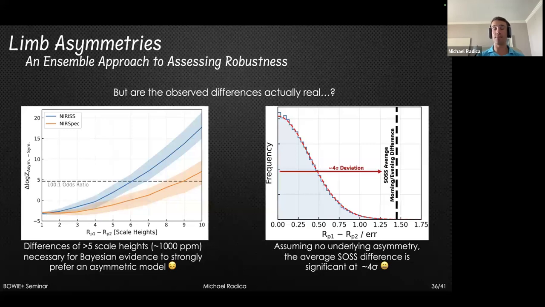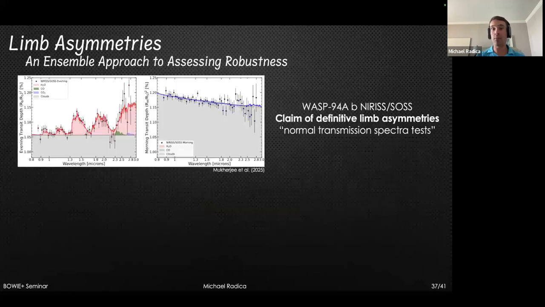One of the reasons for doing a number of different tests and really trying to figure out whether limb asymmetries are real can be summarized with this WASP-94A b work, where Chagnick had a claim of clear limb asymmetry detections with NIRSpec. They did the normal barrage of tests to make sure their transit spectra were robust, but not much that was very specific to making sure limb asymmetries were present.